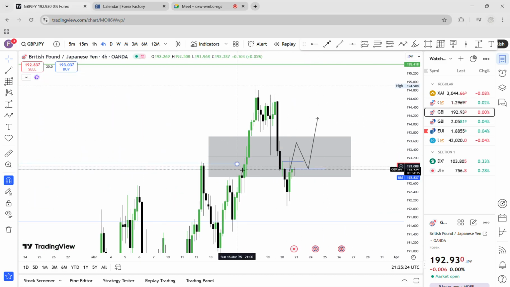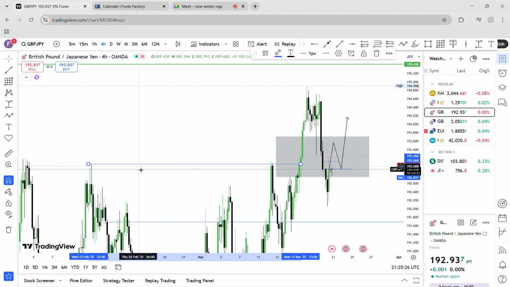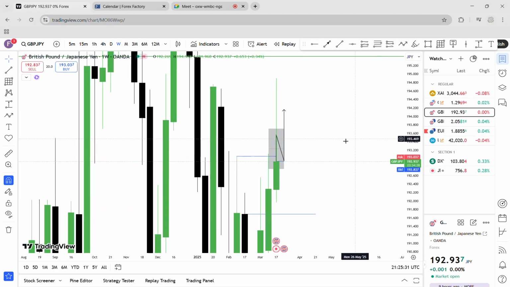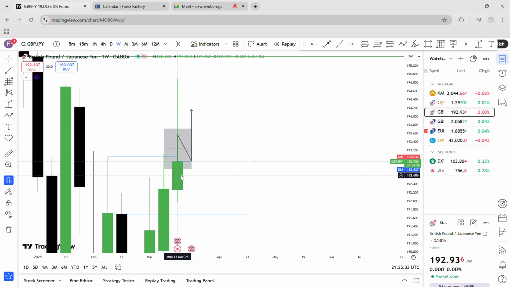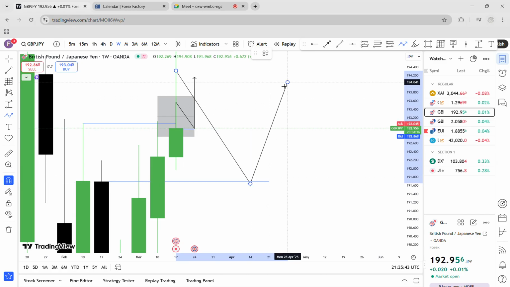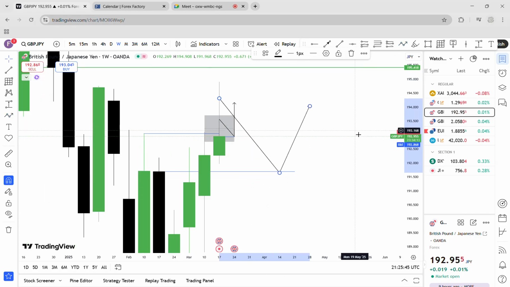It will lead to the weekly closing above this level, because from the weekly we haven't closed above that level. So if we can see something like that tomorrow, then this green candle will continue going higher, then we close above this area, and then we can see the weekly perspective trading back down and continue to the upside.